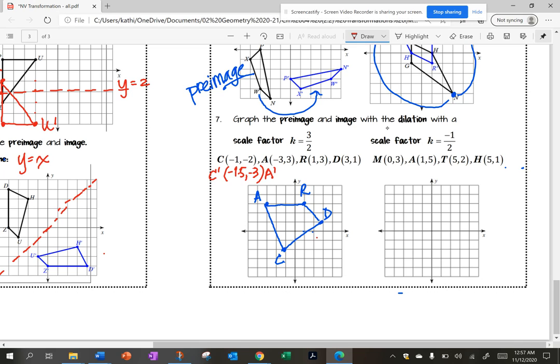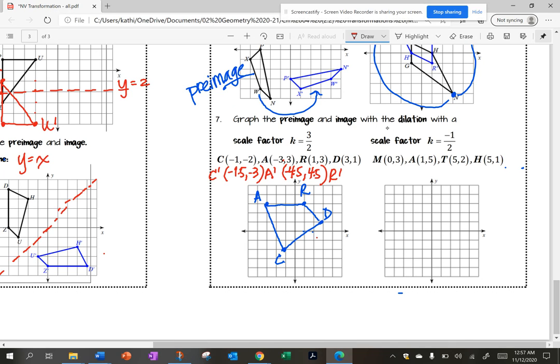A prime. Three times 3 is 9, and 9 divided by 2 is 4.5, so negative 4.5. 3/2 times 3, positive 4.5.